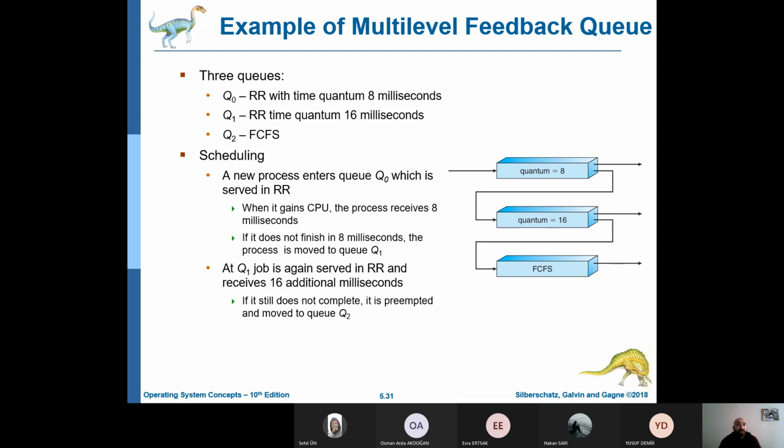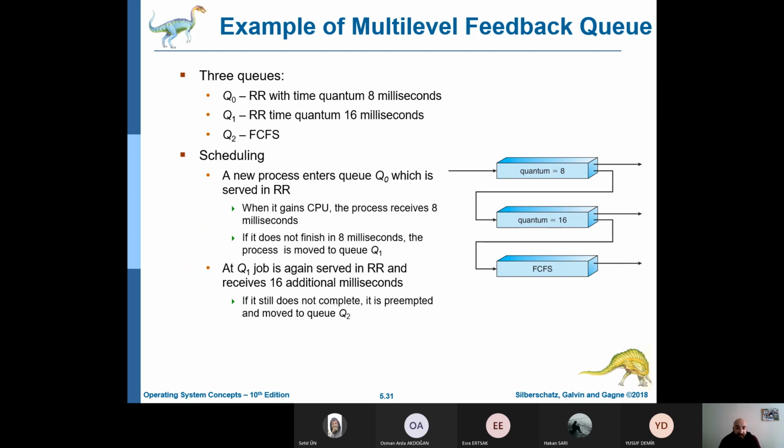Only when Q0 is empty will it execute processes in Q1. Similarly, processes in Q2 will be executed only if Q0 and Q1 are empty. A process that arrives for Q1 will preempt a process in Q2. A process in Q1 will in turn be preempted by a process arriving for Q0.